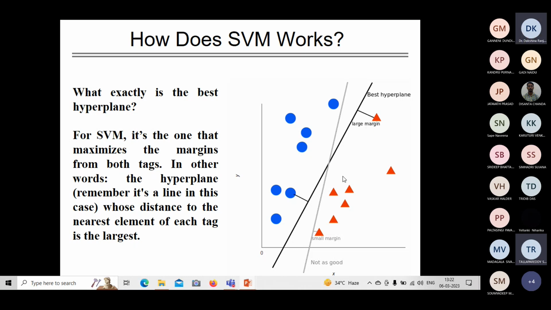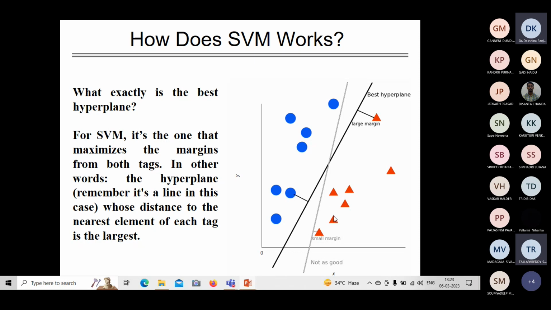That means if we draw two straight lines, the first straight line going through this blue point will be called the class margin for blue points. And if we draw another straight line parallel to this hyperplane through this red triangle, this will be called the class margin for the red triangles.